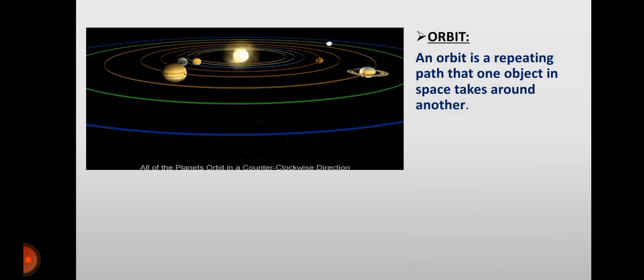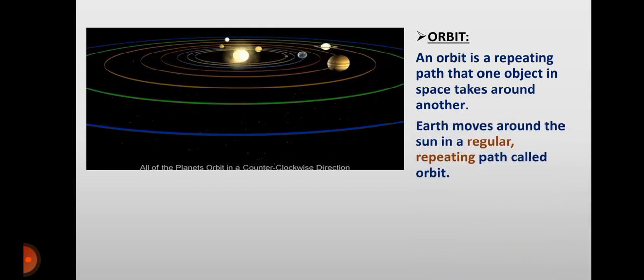In broad terminology, we can say that an orbit is a repeating path that one object in space takes around another. One object means the different planets in space, repeating and moving around the Sun, which is another object.